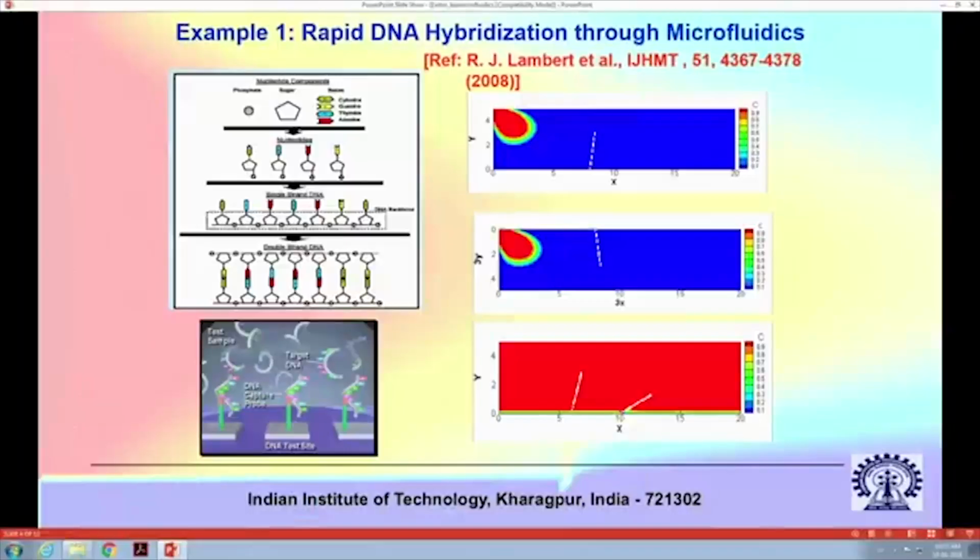Electrophoresis is essentially movement of a charged body relative to a fluid in the presence of an electric field. If you have a DNA, we have clearly seen that it has a phosphate group, and by virtue of the phosphate group, it has negative charge. So, if you apply electric field, the DNA will move, and you can orient the electric field in such a way that the DNA will move very rapidly to the wall of the microfluidic channel.